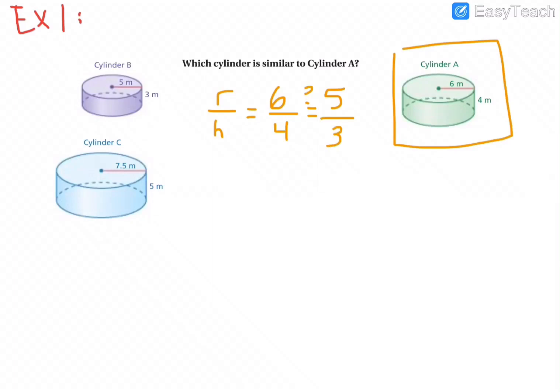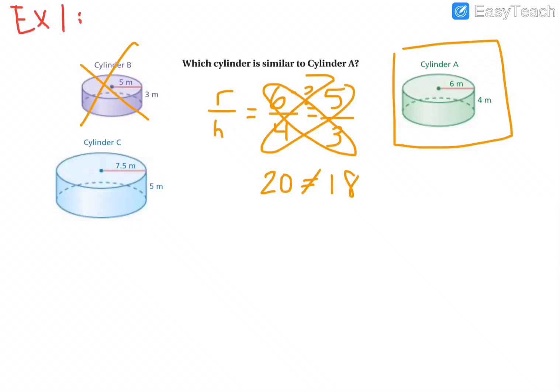And I'm basically just asking, are these equivalent fractions? In my opinion, the easiest way to do this is to cross multiply, because you don't see an easy multiplier this way. So I'm simply going to do 20 does not equal 18, so it cannot be cylinder B.